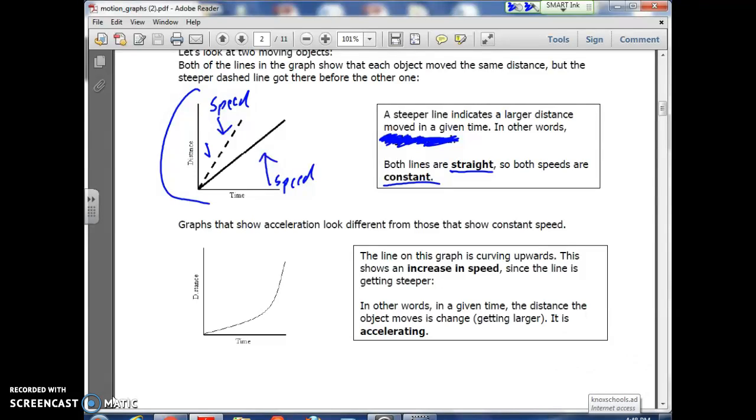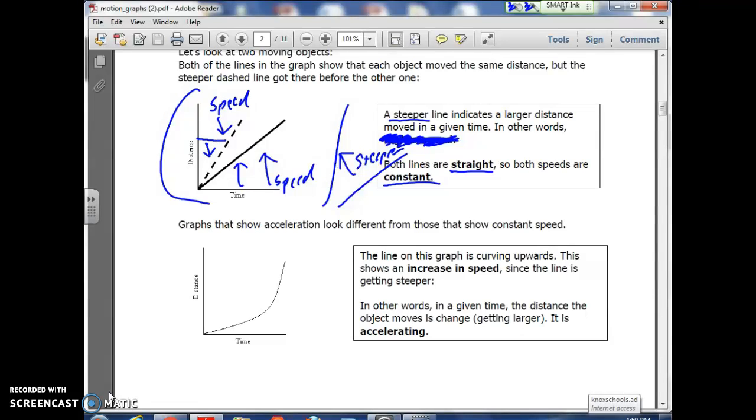Is it the dotted line or the solid line? To figure that out, we need to look at the slope. The slope, guys, is how steep it is. The steeper the line, meaning the more straight up and down it is, so this line is steeper than the one below it.